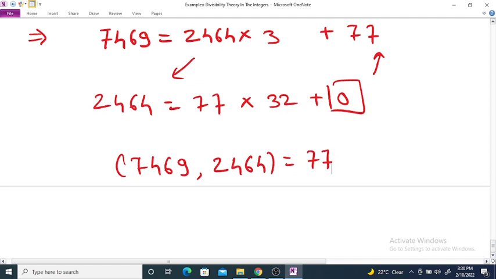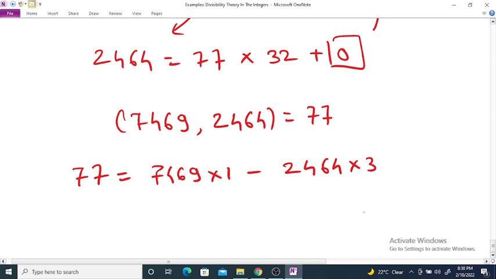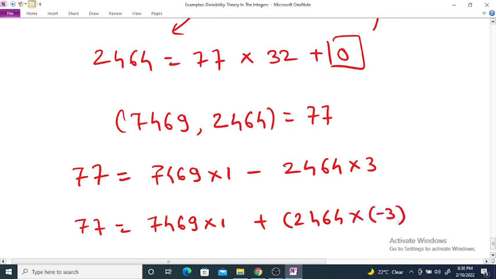Now we want to express the GCD as ax plus by. From the equation marked star, we can write 77 as 7469 into 1 minus 2464 into 3. So we can write 77 is equal to 7469 into 1 plus 2464 into minus 3.